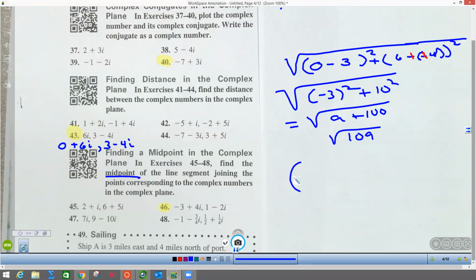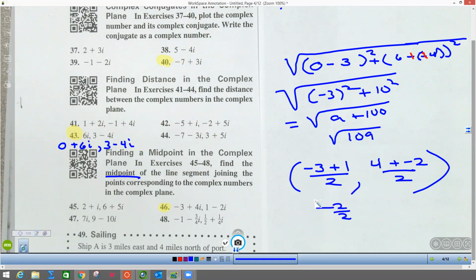So the midpoint is going to be the real part of the first one plus the real part of the second one divided by 2, and the imaginary coefficient of the first one plus the imaginary coefficient of the second one divided by 2. And it's an ordered pair. We write it as an ordered pair. And then this is going to be negative 2 over 2 and positive 2 over 2. So this is negative 1, 1 is the midpoint.